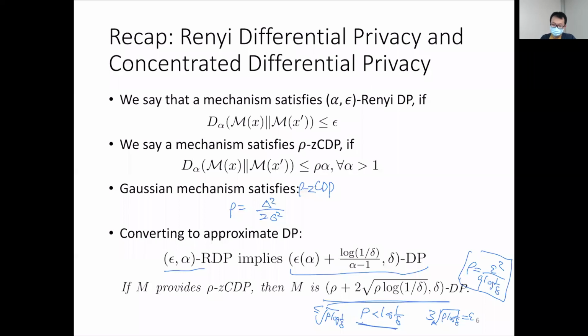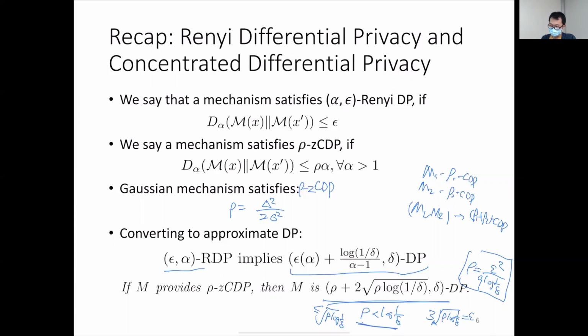Okay, so the last thing about Renyi differential privacy and concentrated differential privacy is that they compose very naturally when you have multiple mechanisms used to access the same data set. For an adaptive sequence of, say, Gaussian mechanisms, each satisfying rho-CDP, say M1 is rho 1 CDP and M2 is rho 2 CDP, then the composition of M1 and M2 satisfies rho 1 plus rho 2 CDP, right?